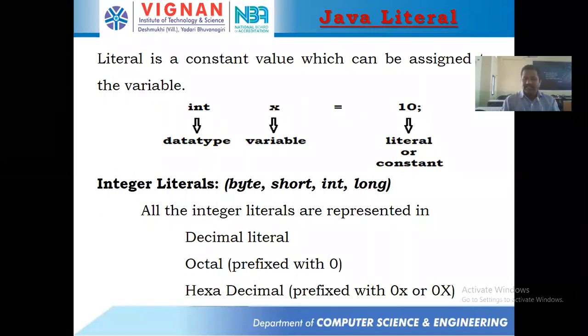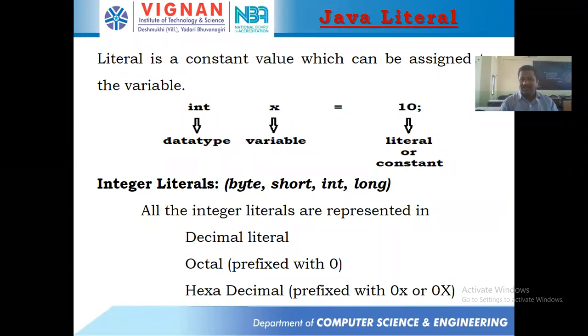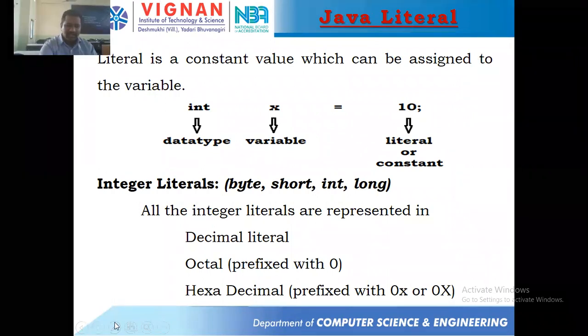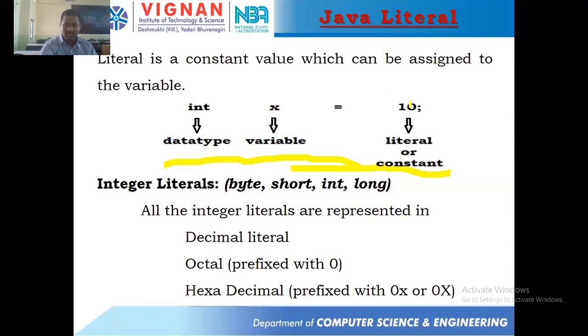As I already discussed, a literal is nothing but a constant which can be assigned to a variable. You can see one simple example here, where we have taken one variable.